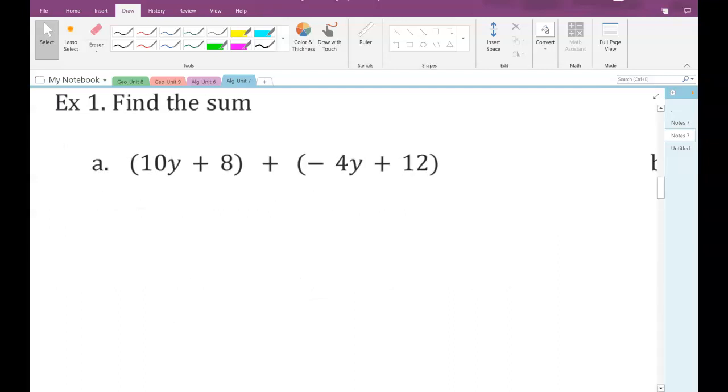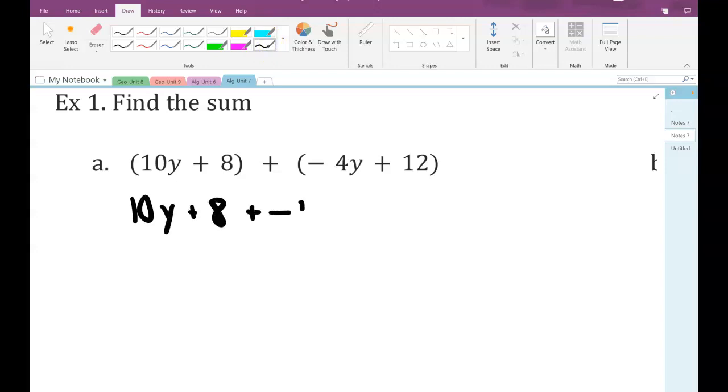So if we're trying to find the sum between these two polynomials, 10y plus 8 plus negative 4y plus 12, we're combining like terms. The parentheses, in addition, when we're adding polynomials, they're just there. So we can drop them off. I'm just going to rewrite this without parentheses.